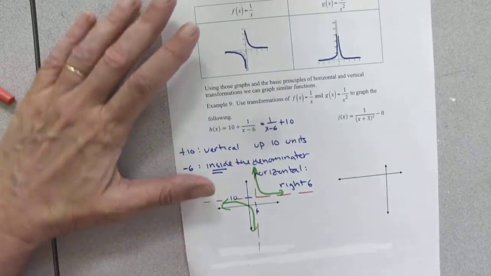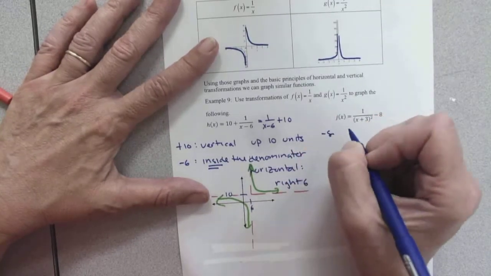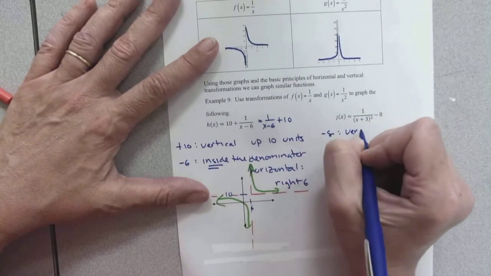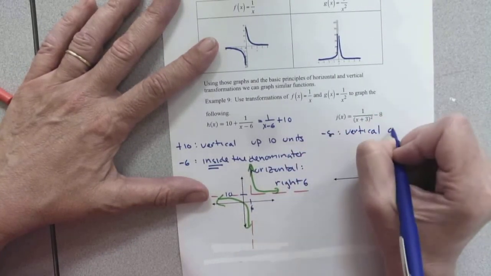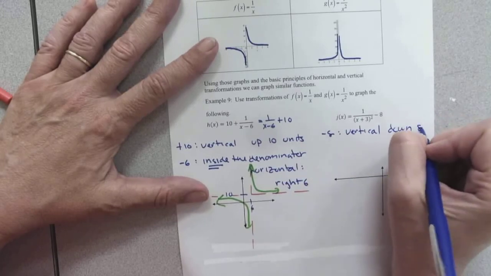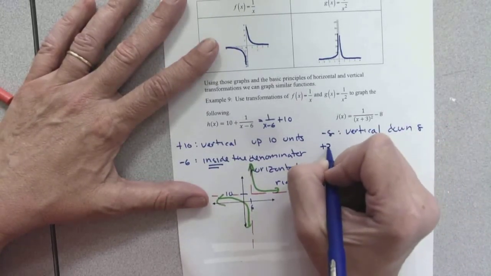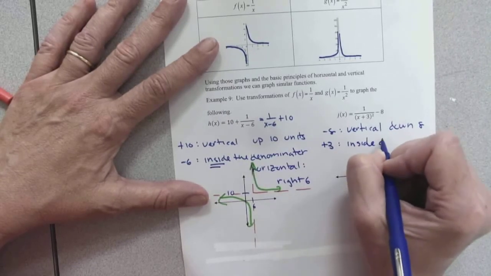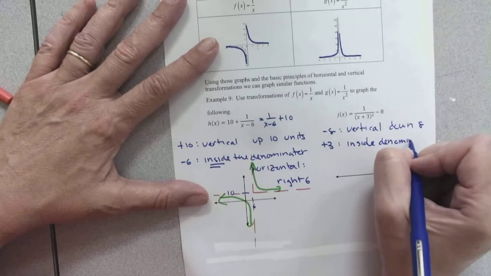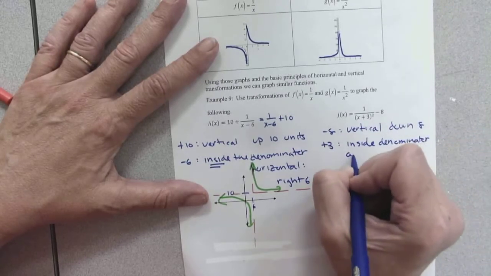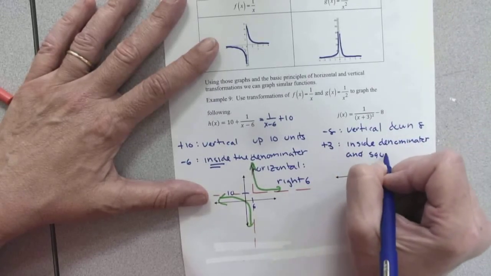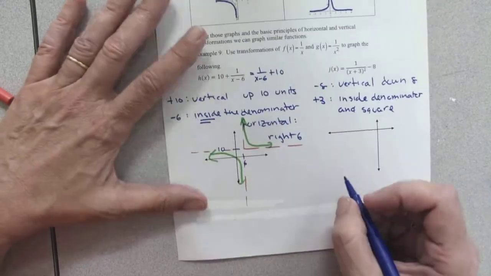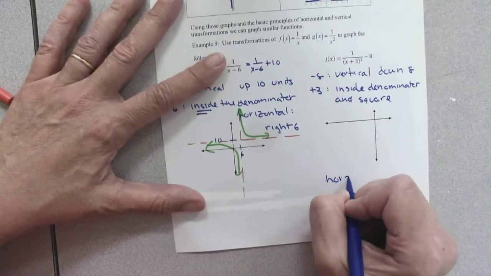Then doing the same thing over here. The minus 8, that's on the end. And so that's going to be vertical, and it's going to go down 8. The plus 3, which is inside the denominator and the square, is going to be horizontal.